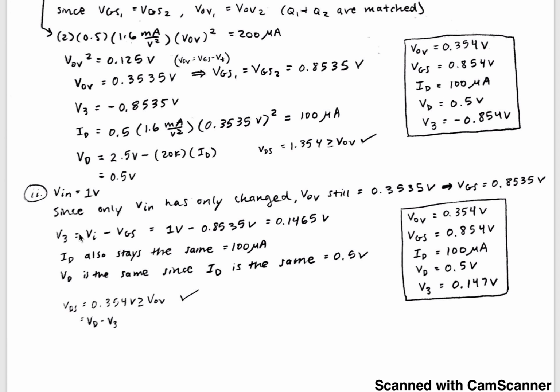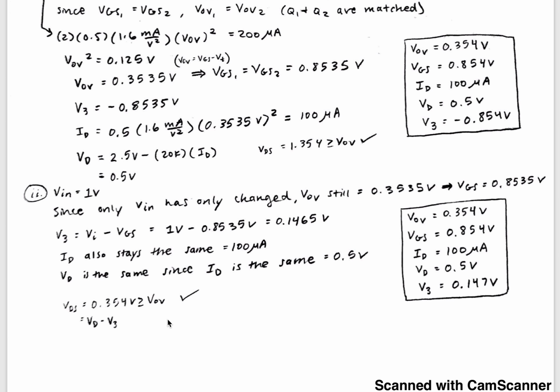And so to calculate V3, we use the new Vin minus VGS, plug in Vin, and our new V3 value is 0.1465 volts.